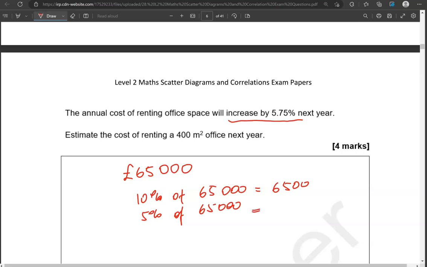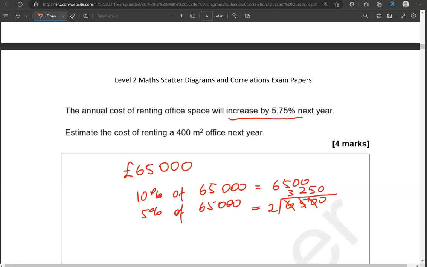So we'll do 6,500 divided by 2. How many 2's fit into 6? That is exactly 3. How many 2's into 5? That is 2. And we have 1 remaining. How many 2's into 10? That is exactly 5. How many 2's into 0? That is 0. So 5% of 65,000 is 3,250.